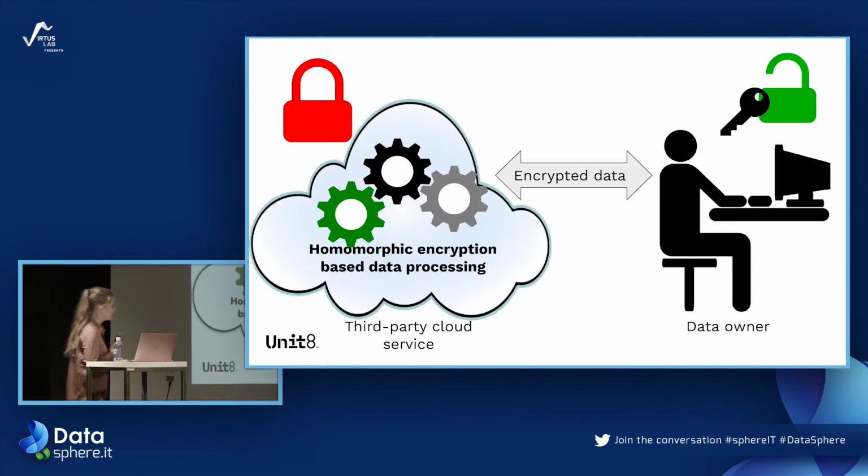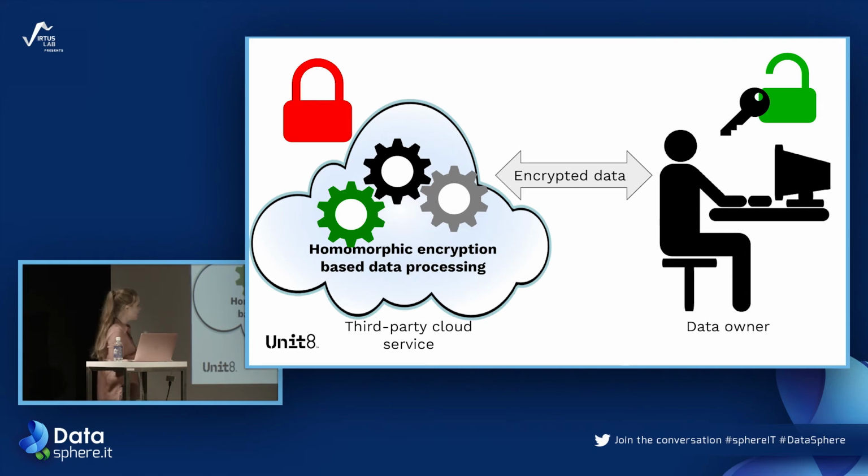With the widespread adoption of cloud computing, there's an often scenario that somebody who has data wants to outsource some computation on that data to a third party, but does not trust that third party with plain text data. So homomorphic encryption allows meaningful computation on that data without the need to see the encryption key or the plain text data itself.